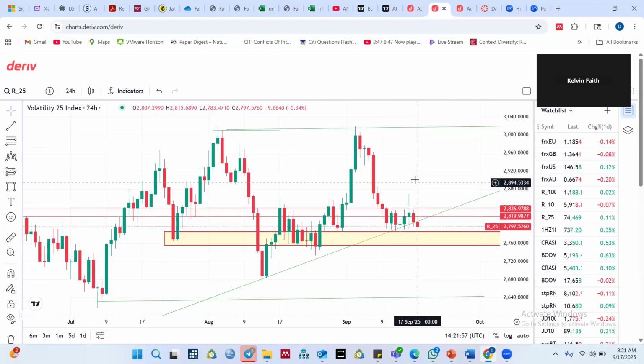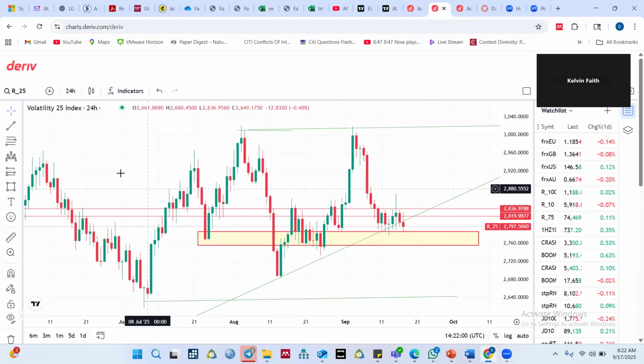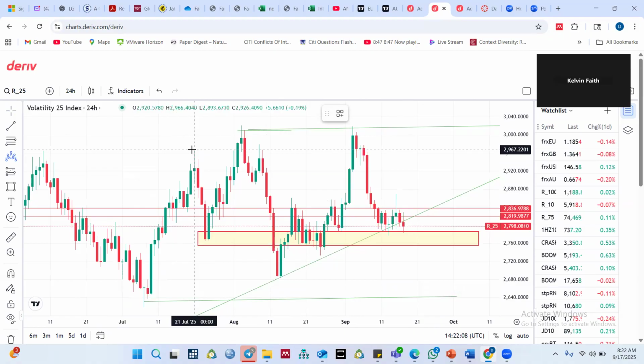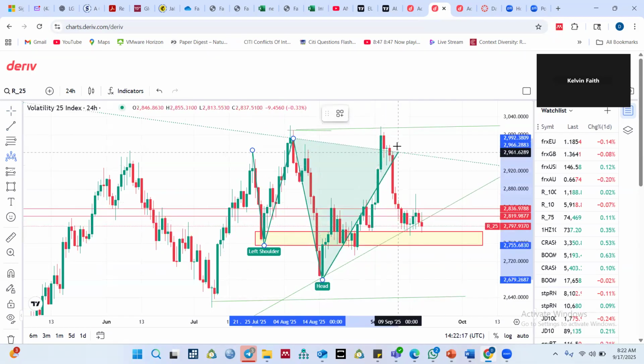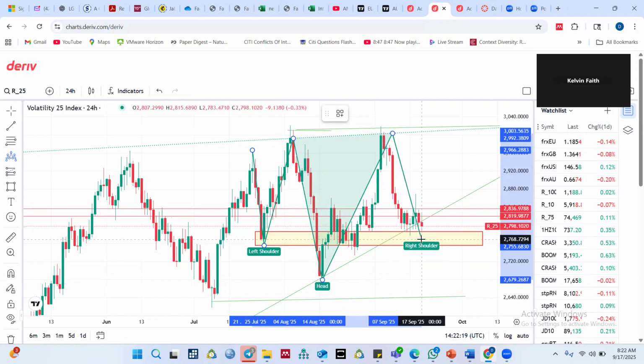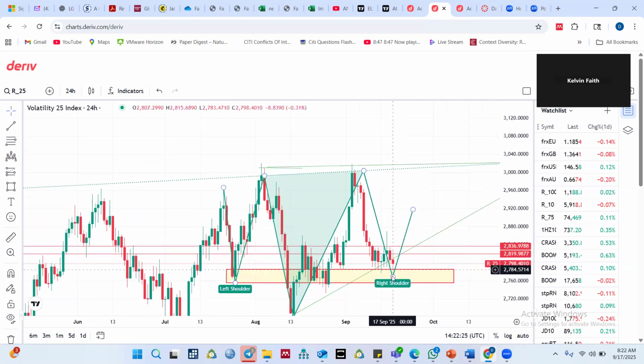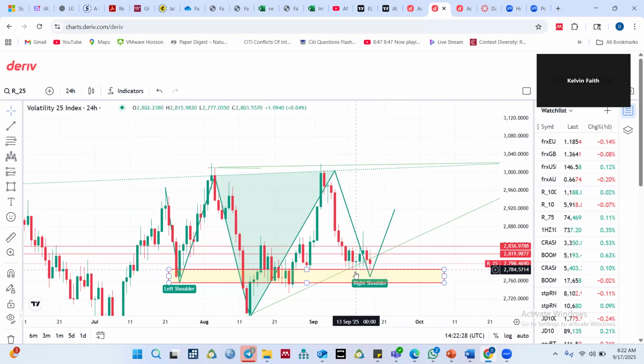Another thing that I can see here is that we are likely seeing a head and shoulder like pattern here. As price is hitting this area multiple times, it keeps rejecting.